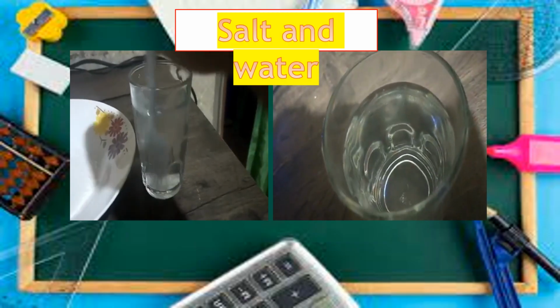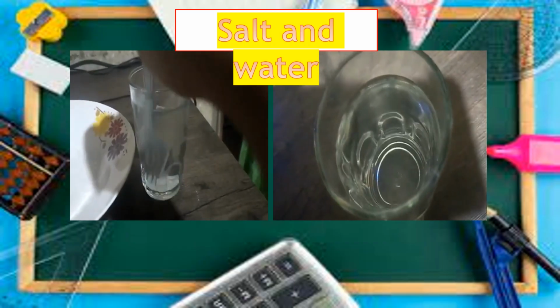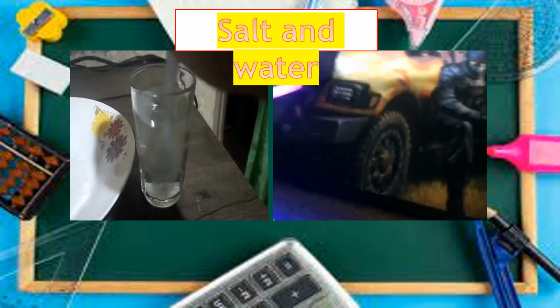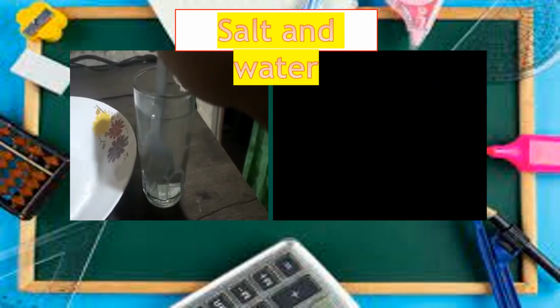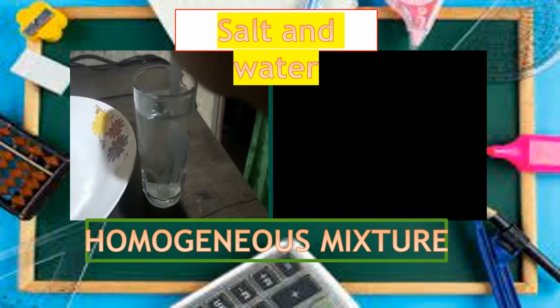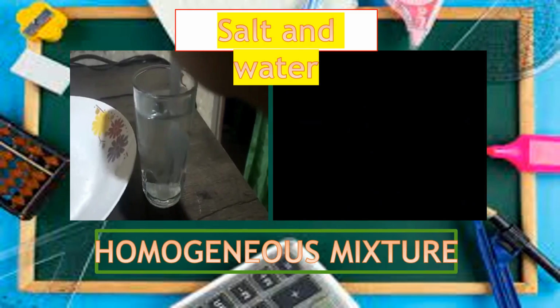On the right side, after stirring it well, the rock salt is not visible. So meaning, the rock salt dissolves in water. So that is what we call the homogeneous mixture.